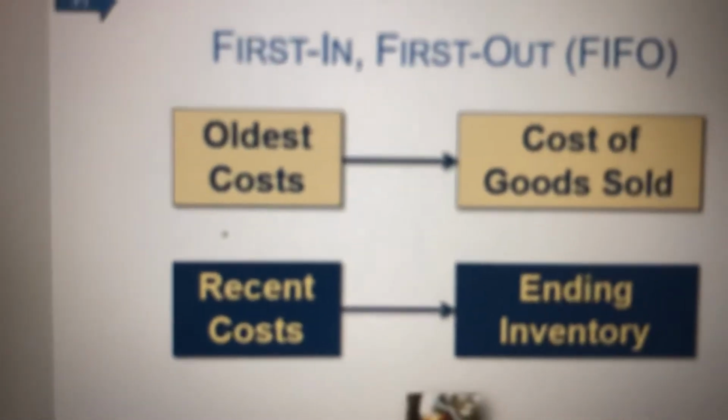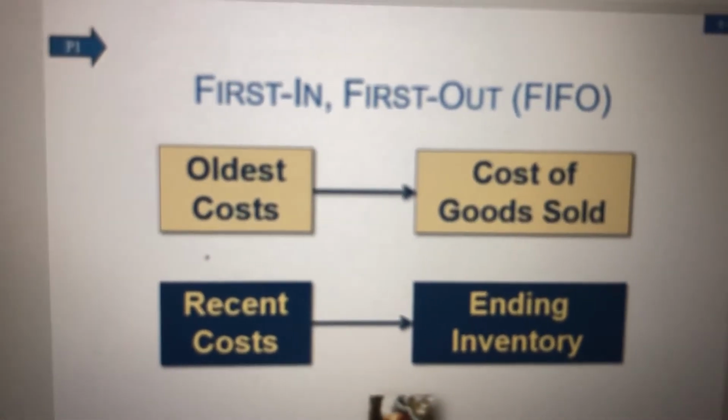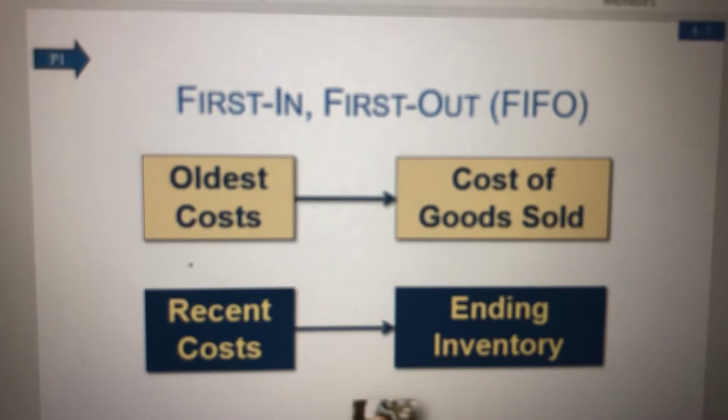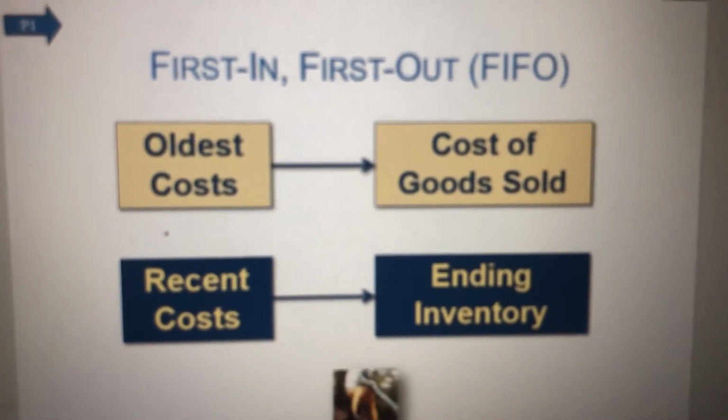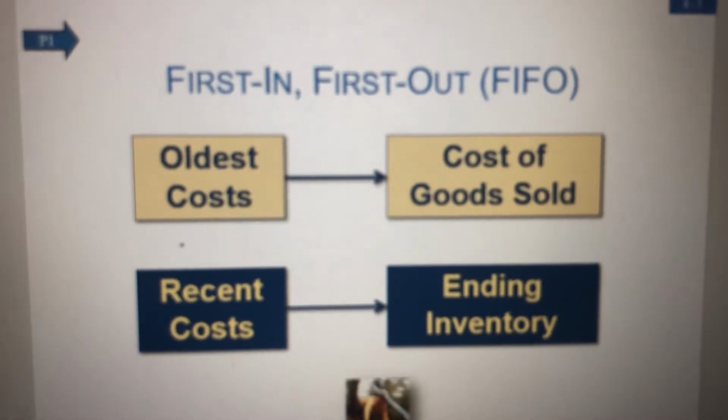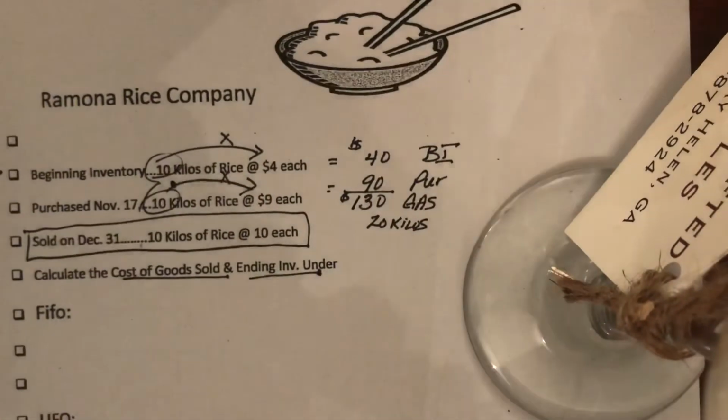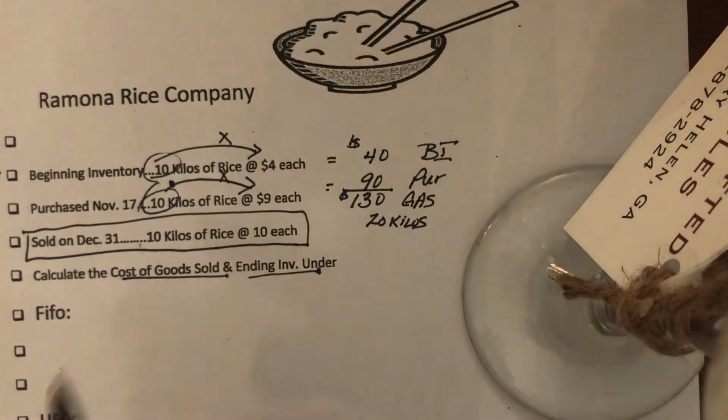Do keep in mind that some of this rice would actually be mixed up too. So first in, first out. In this case, the oldest cost will go with cost of goods sold, and the most recent cost will end up in ending inventory. So let's come back over here and let's work this first part.